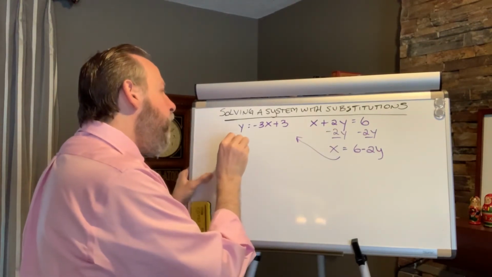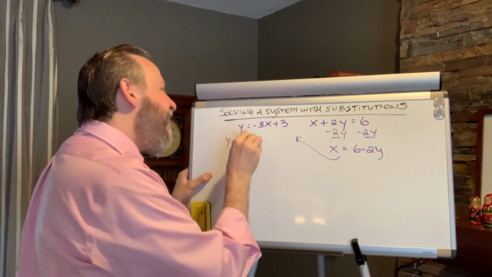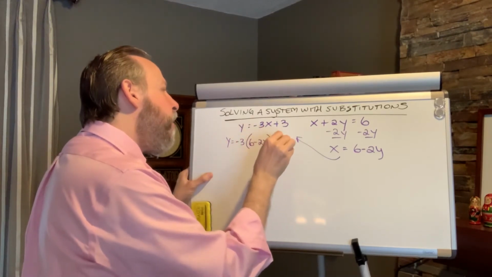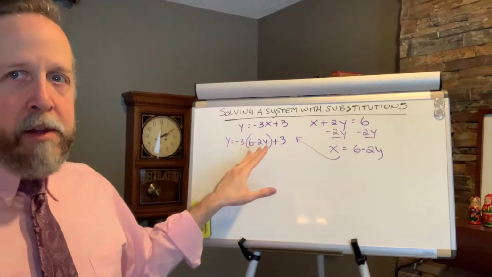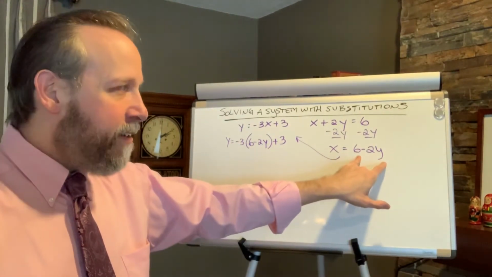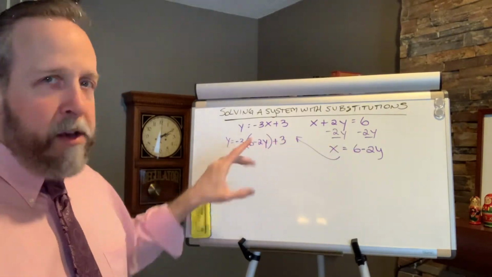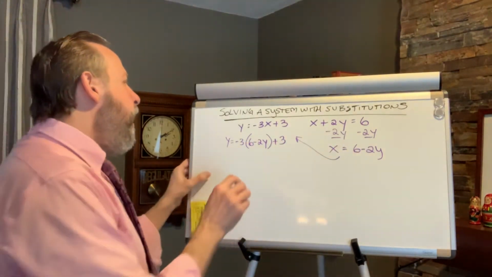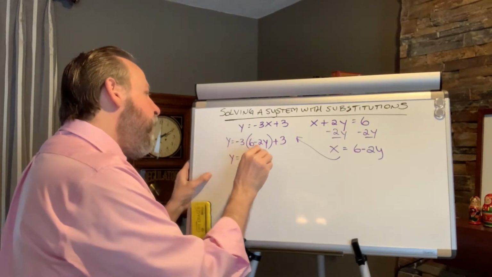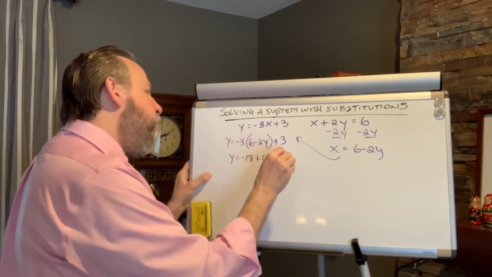y equals negative 3 times (6 minus 2y) plus 3. See what I did? I just took what x was equal to and I substituted it into the other equation. And then I have to distribute. So we got negative 18 plus 6y plus 3.